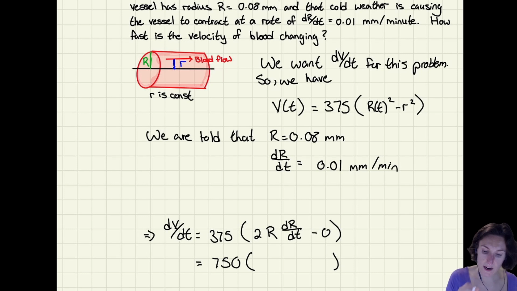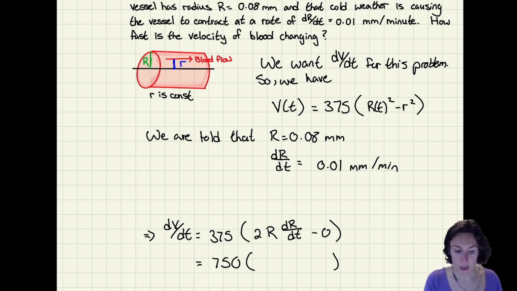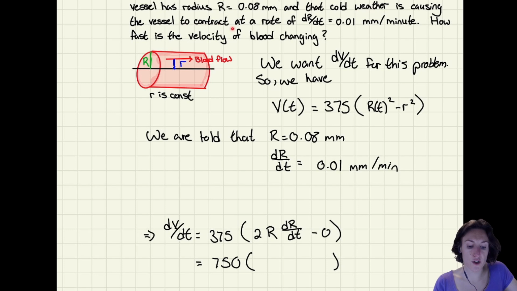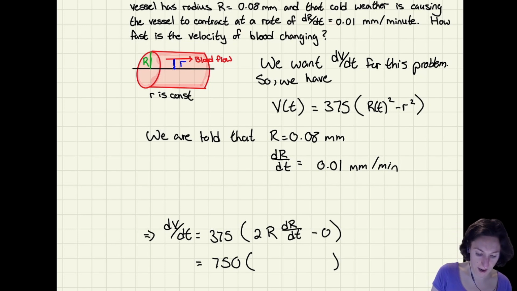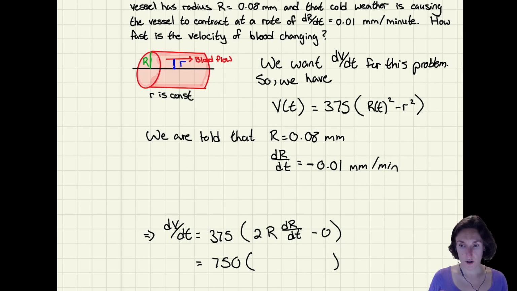But I have to be a little careful with how this is phrased, because it says in English, the cold weather is causing the vessel to contract at a rate of that. Contract means it's getting smaller. So even though the question didn't put a negative here, it said it in English. So really we have a negative out front. Be really careful about that.